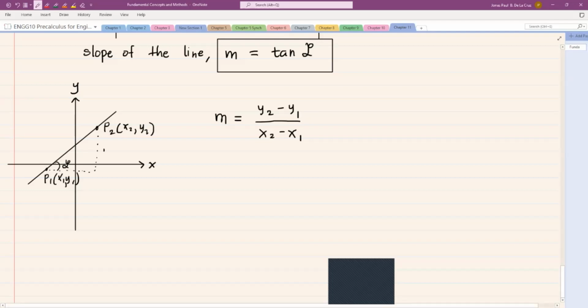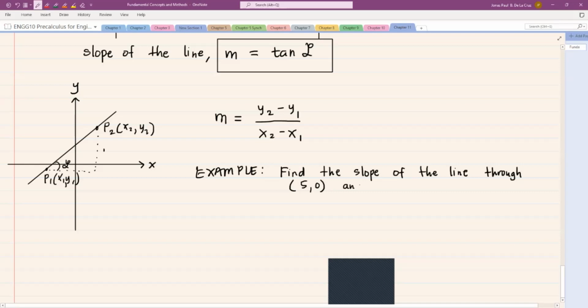Okay? So, for example, we have 2 points and we want to find the slope of the line through 5, 0 and 1, negative 3.